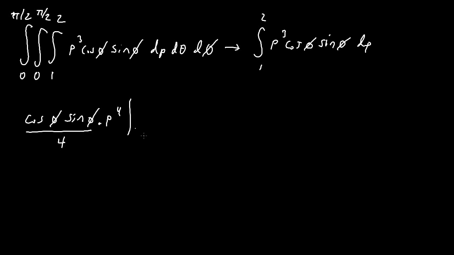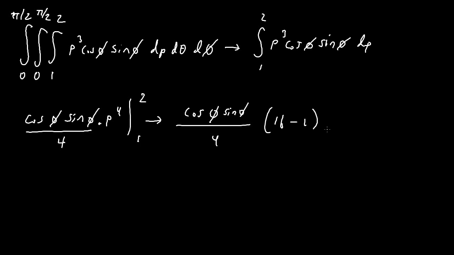So when I evaluate from the rho bounds of 1 to 2, we'll get cosine phi sine phi all over 4 times 2 to the 4th, which is 16, minus 1 to the 4th, which is 1. So we'll basically get 15 over 4 times cosine phi times sine phi.